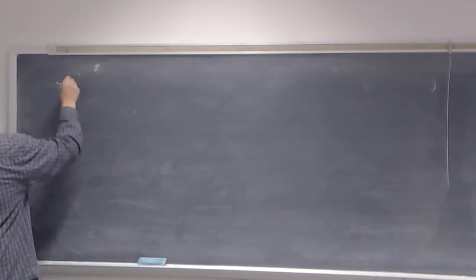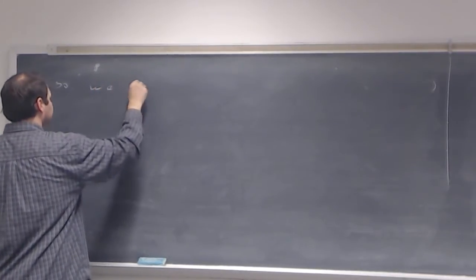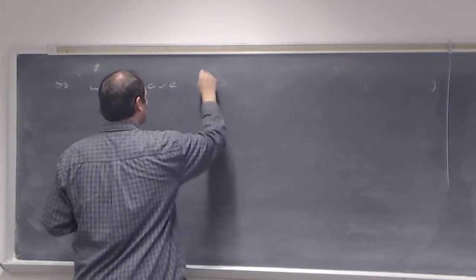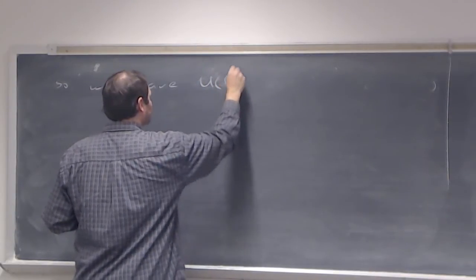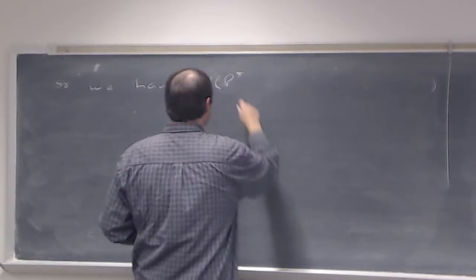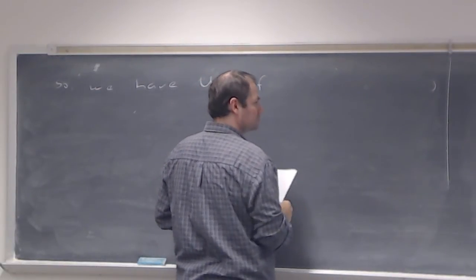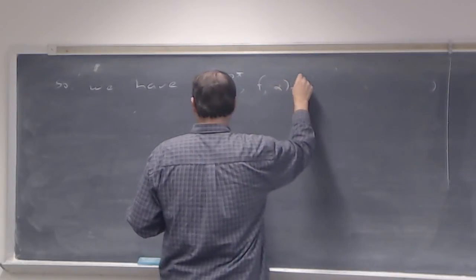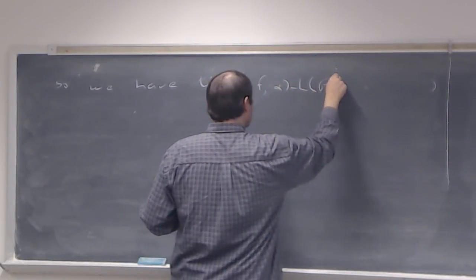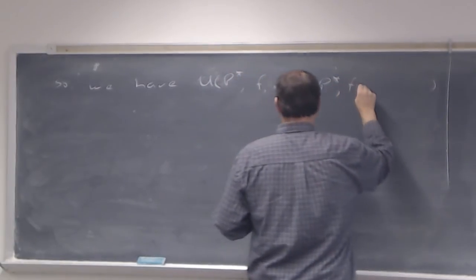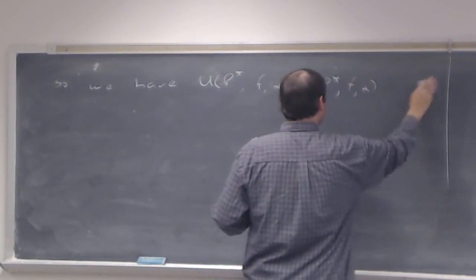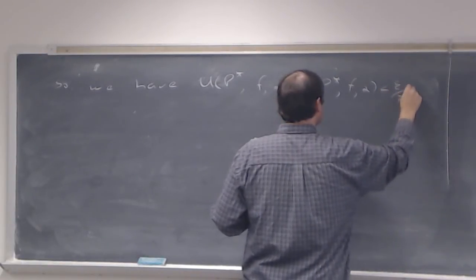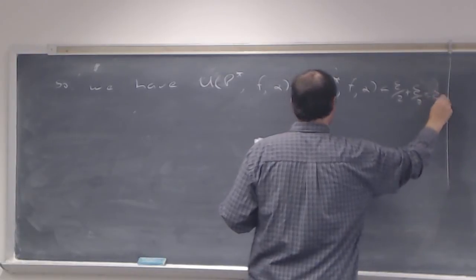So what that generates is that the upper sum with this refinement partition and f, that's f now, and alpha, minus the lower sum with this refinement, f, and alpha, is going to be less than epsilon over 2 plus epsilon over 2, which equals epsilon.